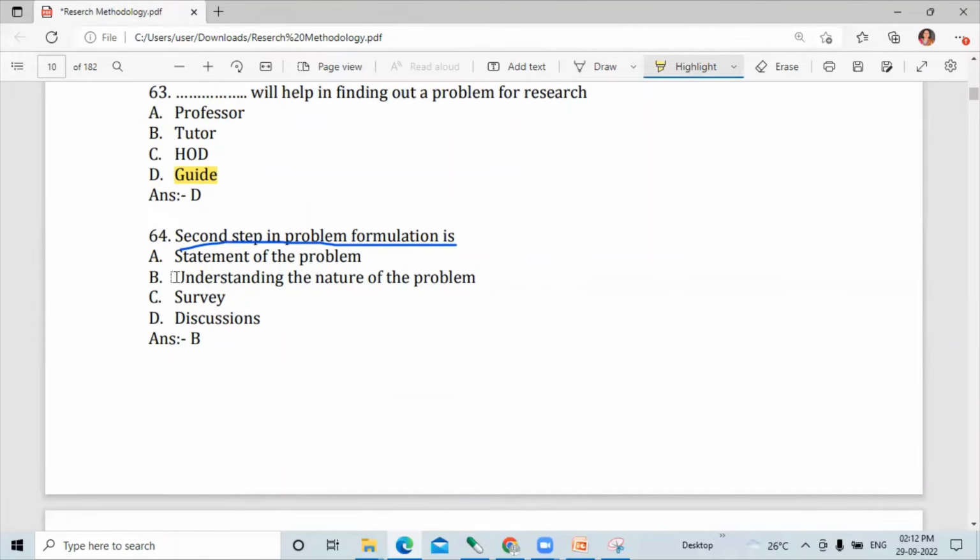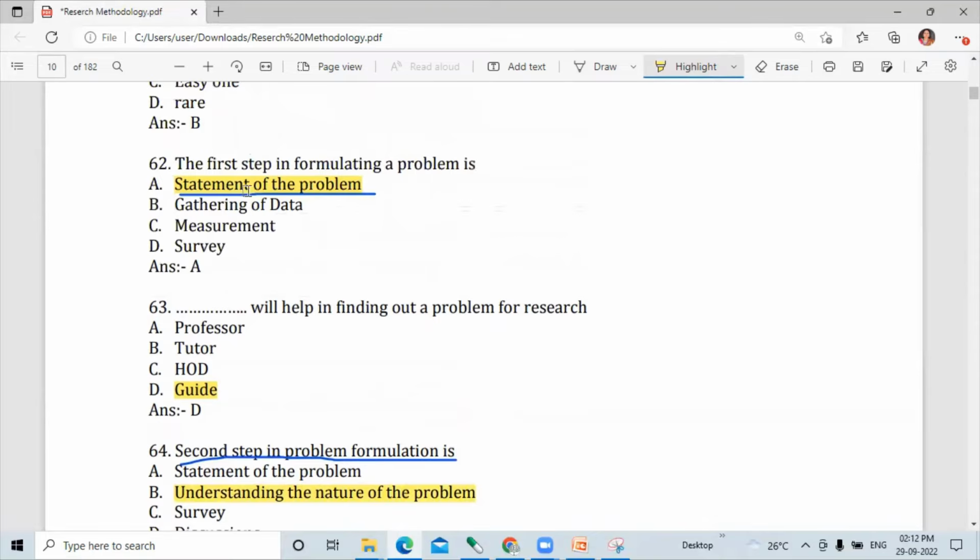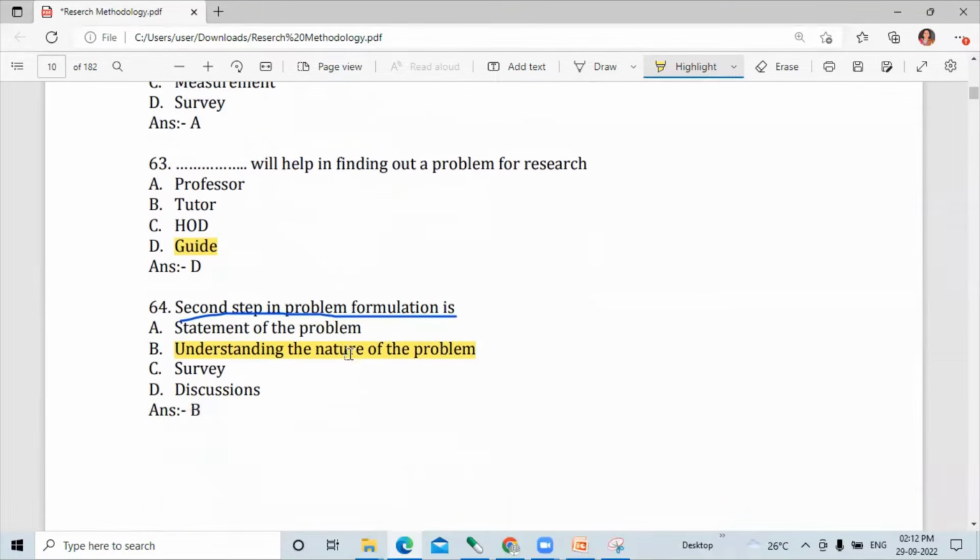Understanding the nature of the problem, what it is, which type of it is. Understanding the nature of the problem.